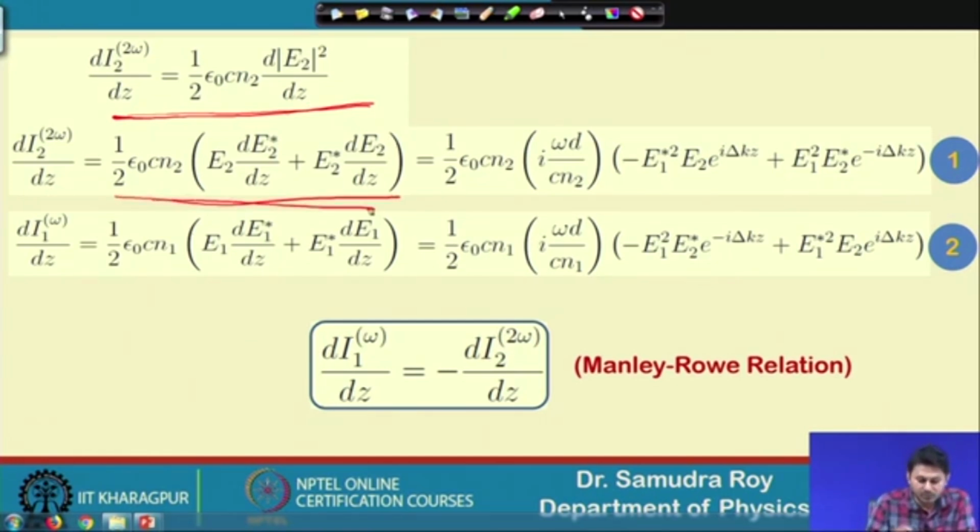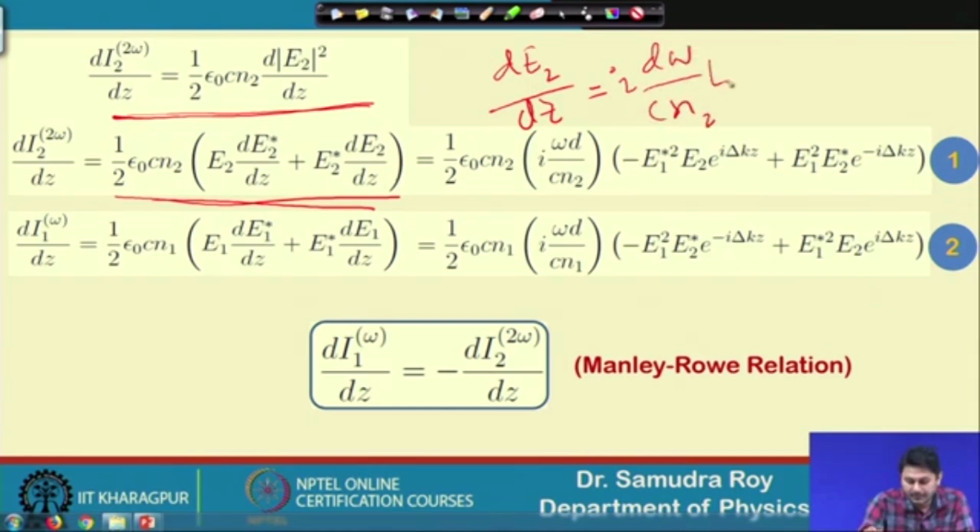Note that here we are going to use this equation, which is I d omega c n 2, then E1 square e to the power I delta k z. That was the value of E2.